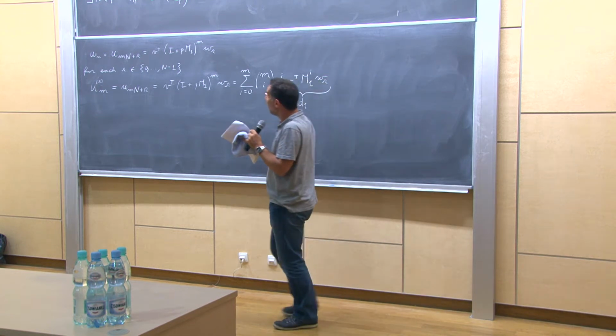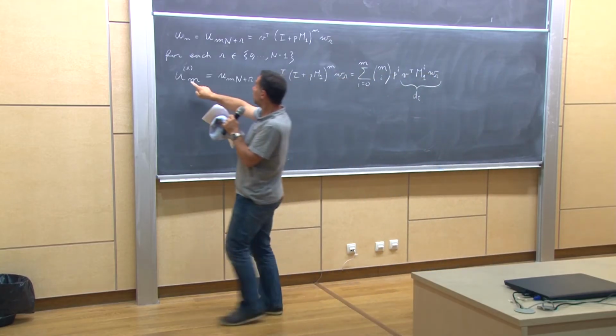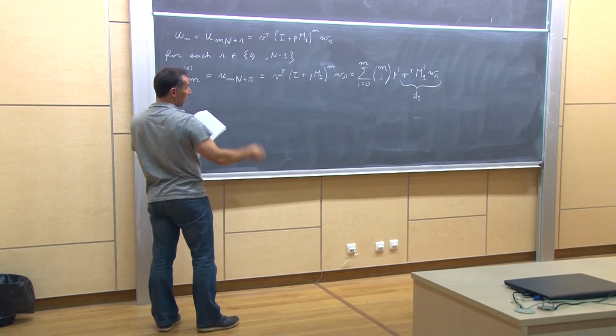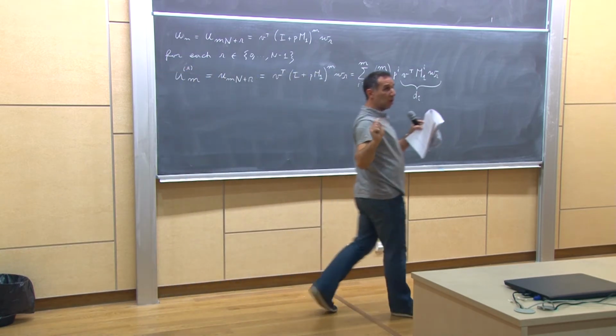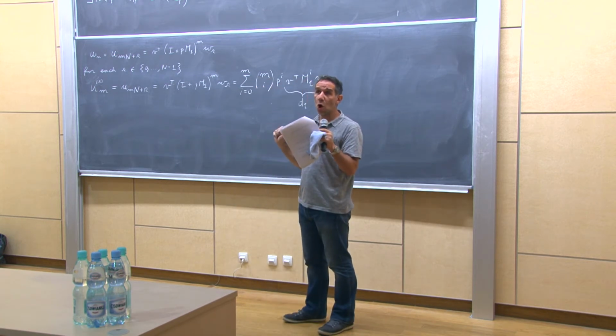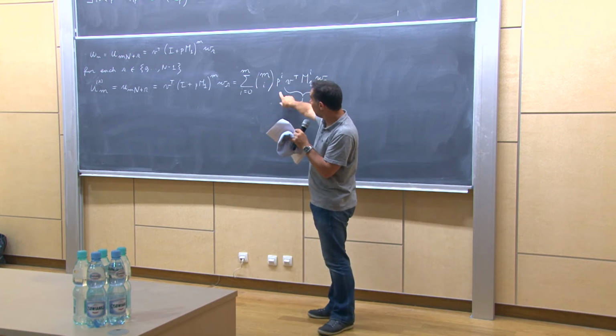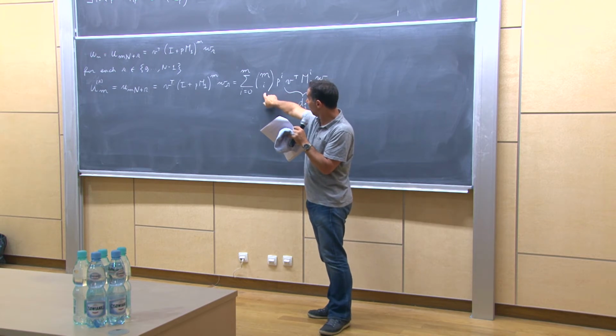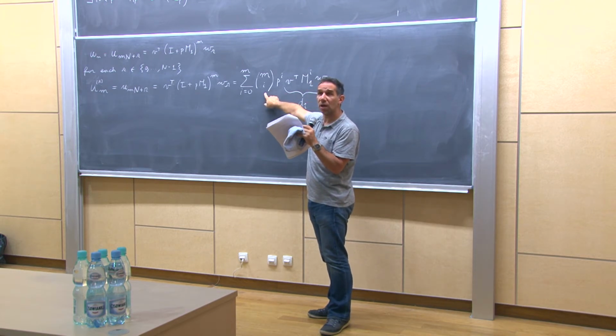So what do I have? For each of my subsequences, it's either only finitely many times 0, or, by the lemma, infinitely often 0, because this is of the form that I had in my lemma.